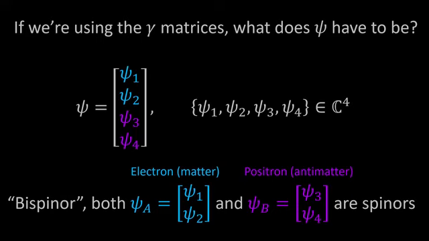The second number, psi2, corresponds to a spin-down electron. The third, psi3, corresponds to a spin-up positron, and psi4 corresponds to a spin-down positron. So contained within psi are 2 spinors, one for matter, one for antimatter, and each spinor has this spin-up, spin-down component situation.